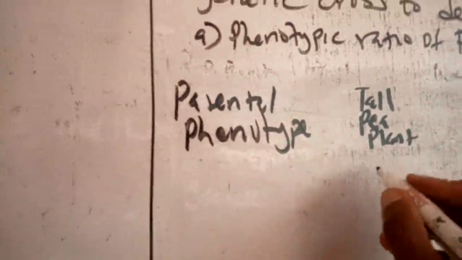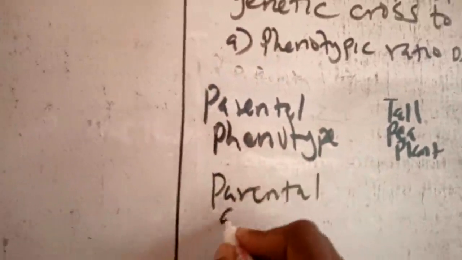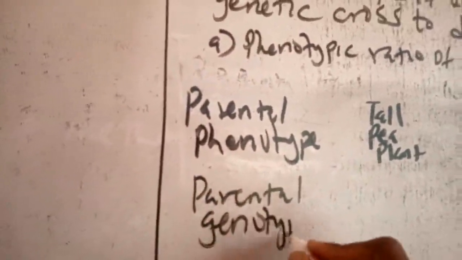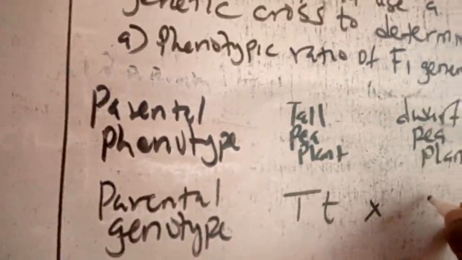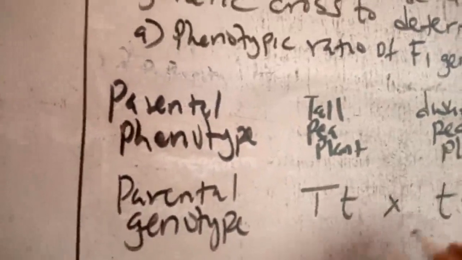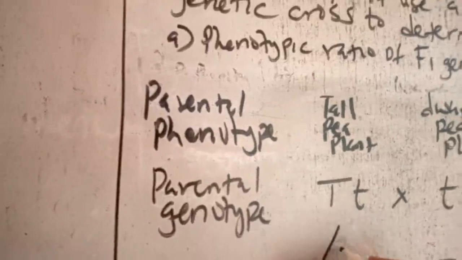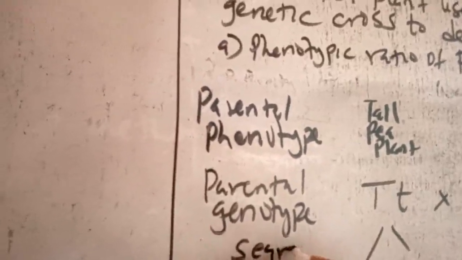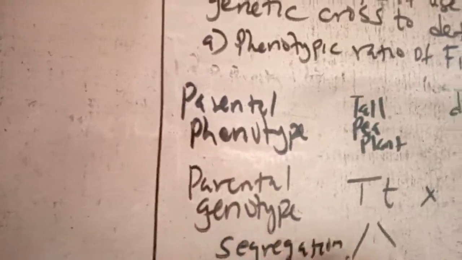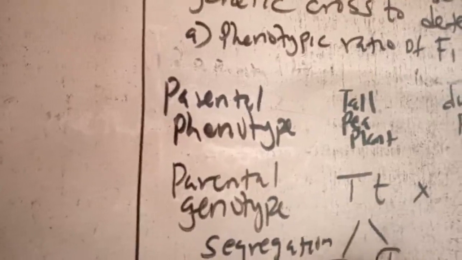Then after that, you write the parental genotype, and the parental genotype is this one. Then you close it with a dwarf like that. Then you apply the first law of inheritance, that is the law of segregation. They separate, that is segregation, and after segregation we'll have the gametes being formed.